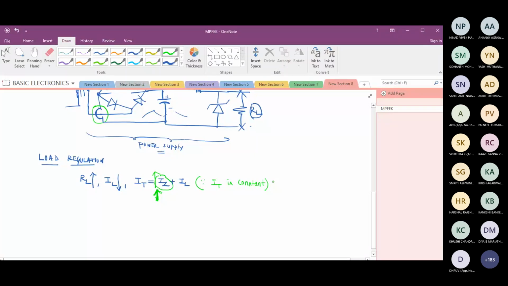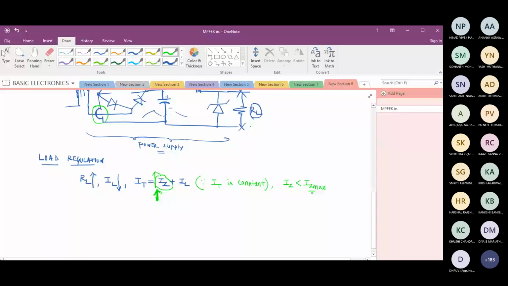No. So keep the current below IZ max. When you connect a load, ensure that Zener current should not cross IZ max. Is it fine?